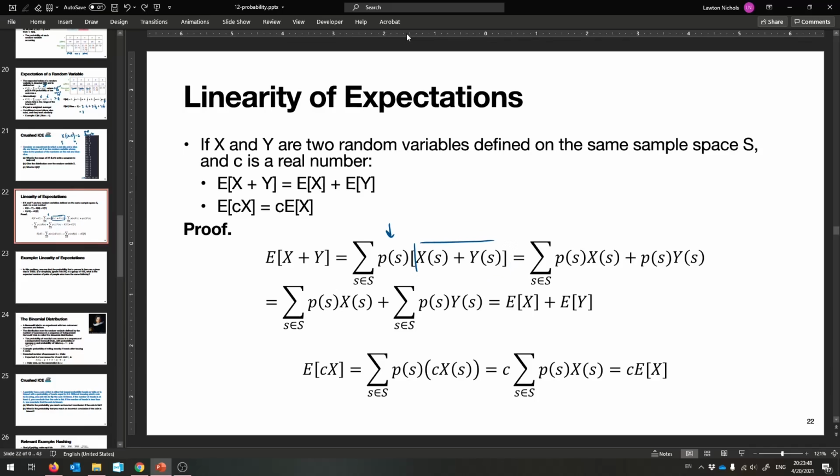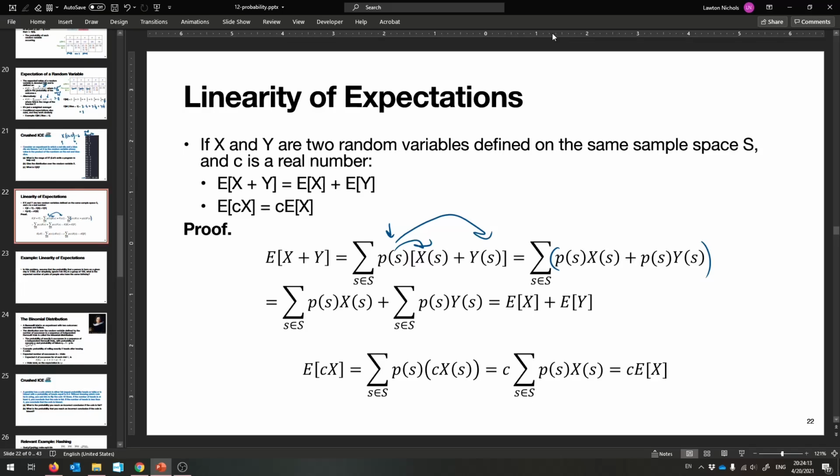So it's whatever x gives you back for that s in your sample space, and then whatever y gives you back, and you add them together. That's just following the definition of the expected value. And because of this, we can distribute the p's. And so we end up with this. It's the same thing, one big parenthesized statement, still the same sum.